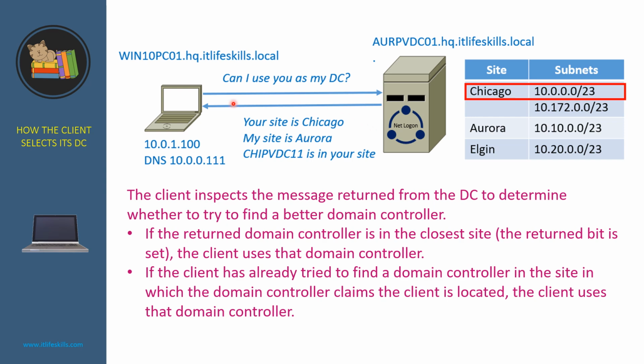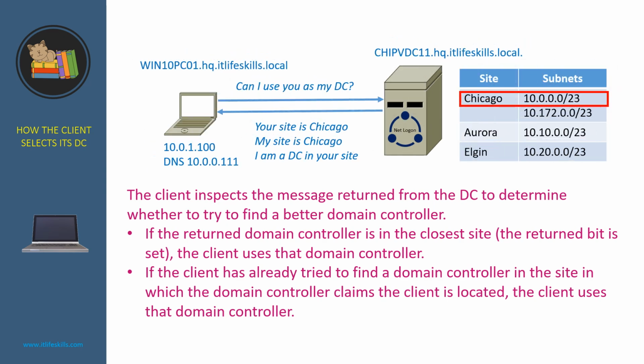And here is the message returned from OPVDC01. It tells the client that the client is in Chicago site and it is in Aurora site, and CPVDC11 is in the client site. So in this case, the client also drops the message and waits for the response from CPVDC11.